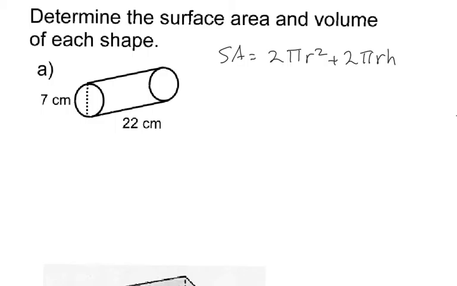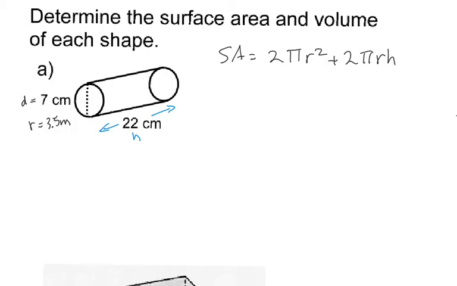Now, we're going to use this diagram to identify some things. So, this portion of our circle represents the diameter. So, the diameter is actually equal to 7. Our radius is equal to 3.5 centimeters. Now, we're going to call this portion here along the side the height. And in fact, it's 22 centimeters.